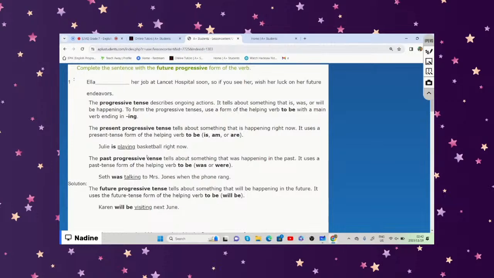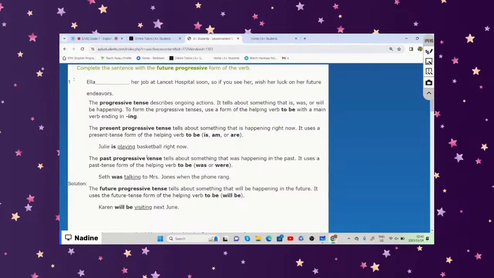For example, Karen will be visiting next year. So Karen will be visiting next year, June. Meaning that Karen did not visit as yet, but she will be visiting next year in June. Right? So will be is our future progressive tense.